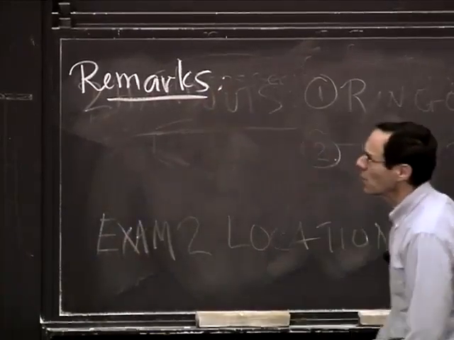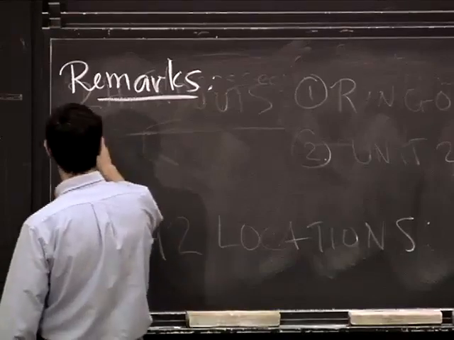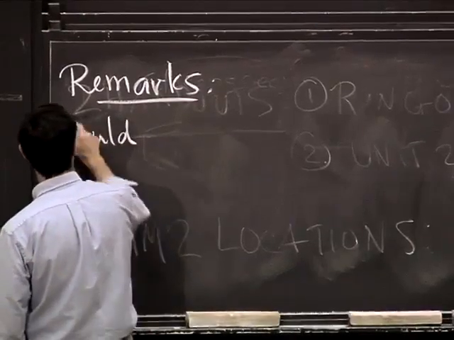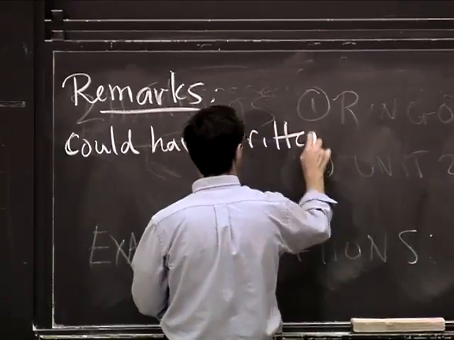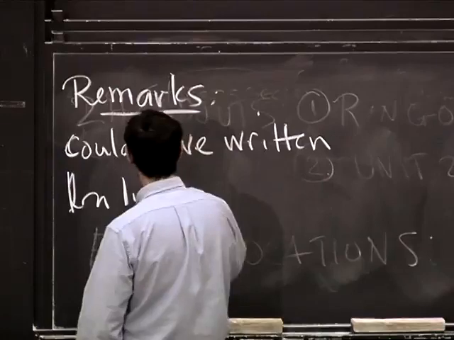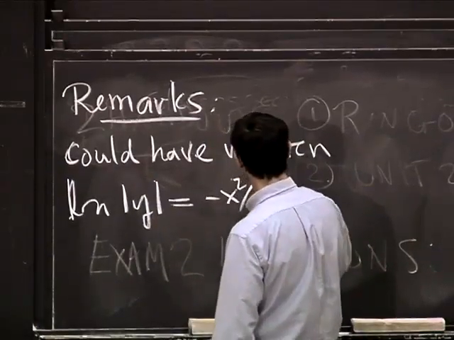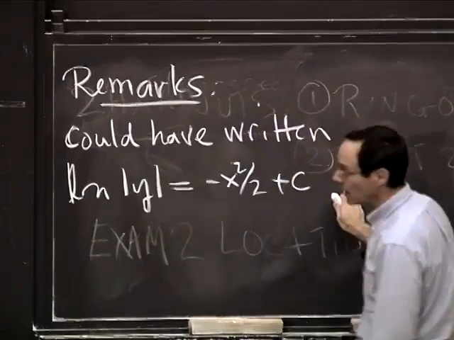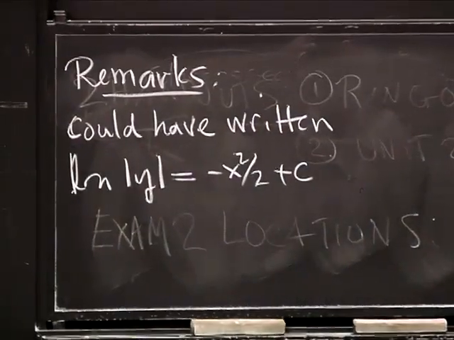The first remark is that I could have written natural log of absolute y is equal to minus x squared over 2 plus c. We learned last time that the antiderivative works also for the negative values.